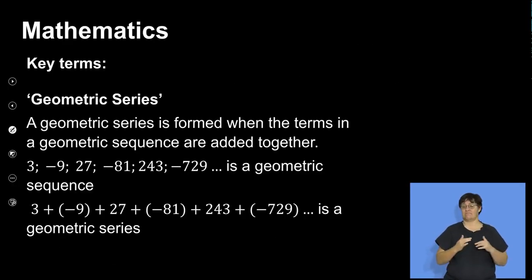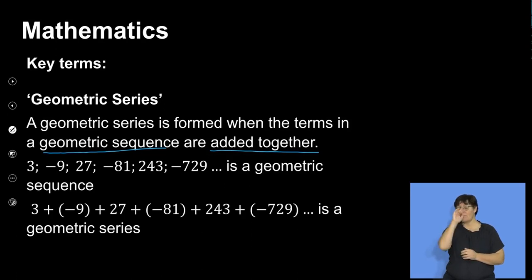So guys, a geometric series is formed when the terms of a geometric sequence are added together. Just a reminder that a geometric sequence has the main property of a common ratio.